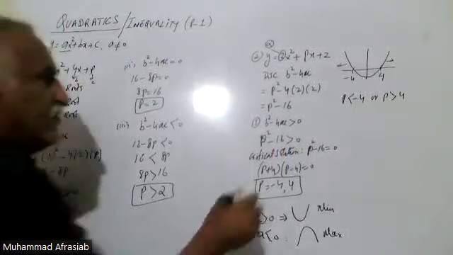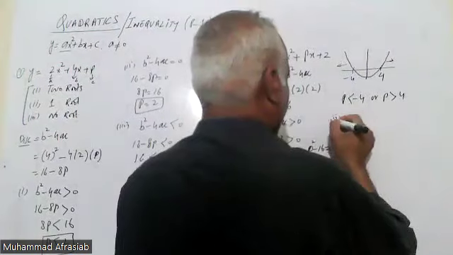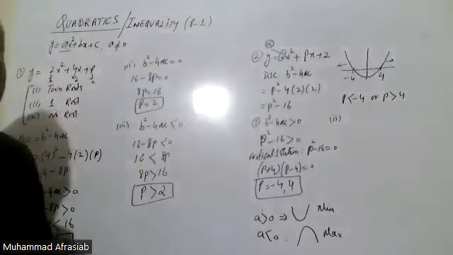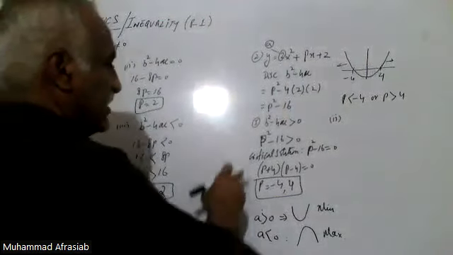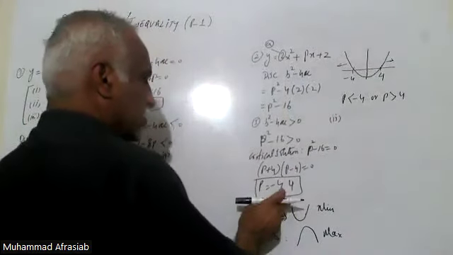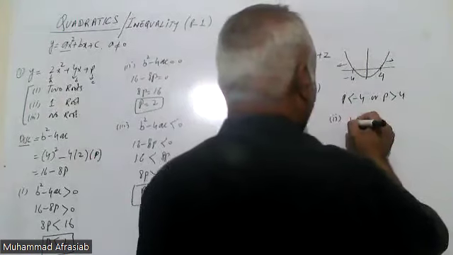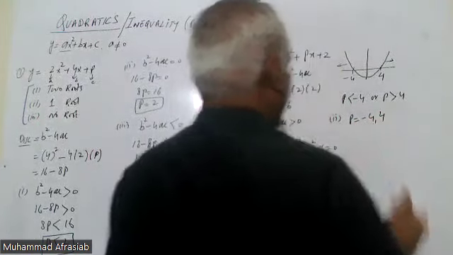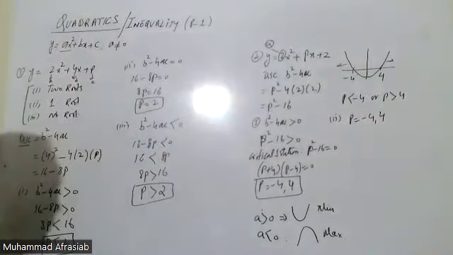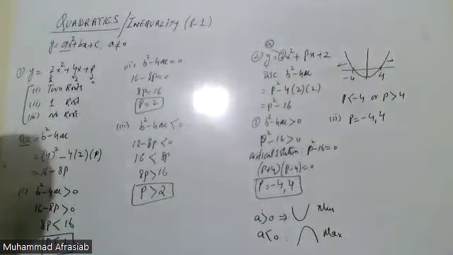For the second part, when it has one root, then b squared minus 4ac should be equal to 0. And we already got the values of p, which are minus 4 and 4, because b squared minus 4ac is equal to 0.